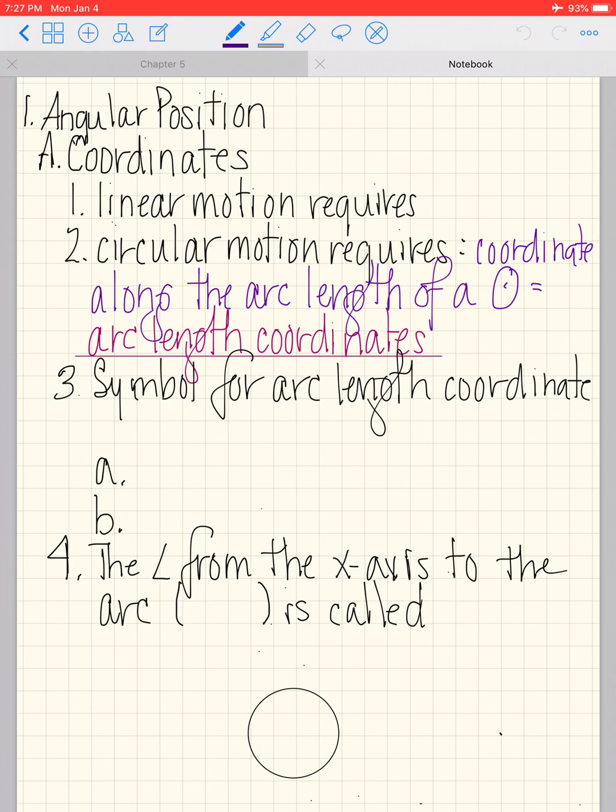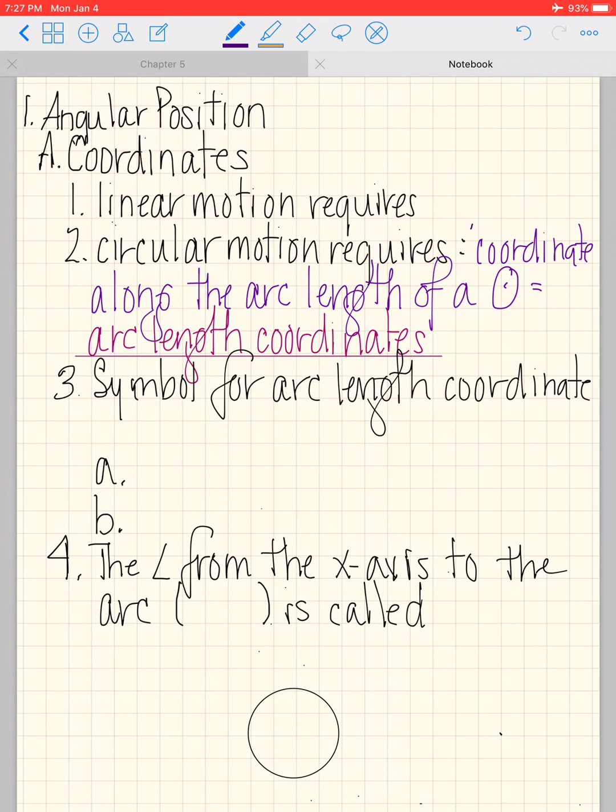So we're going to jump right into how we describe places or positions on a circle. Angular positions. First of all, we're going to talk about coordinates. Linear motion requires coordinates that are x and y. Super straightforward, just x and y, and I think I want to turn that into purple. Give me a second. I don't think that is purple.